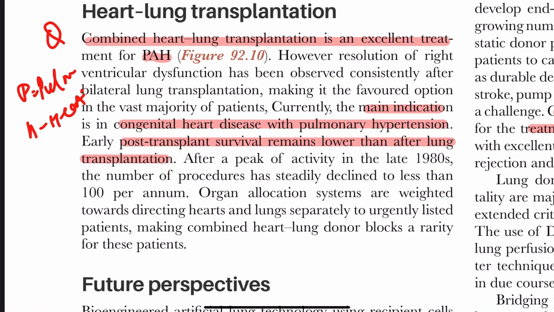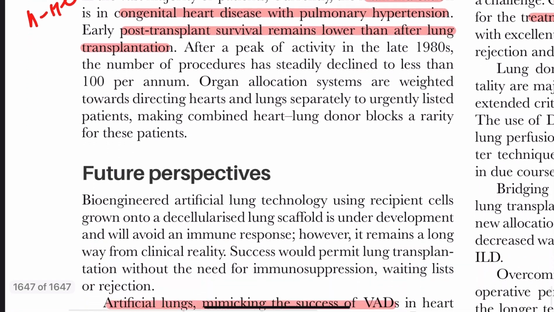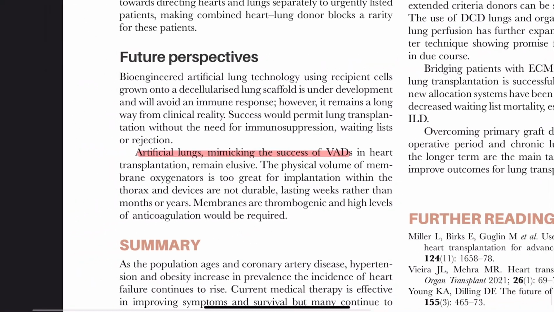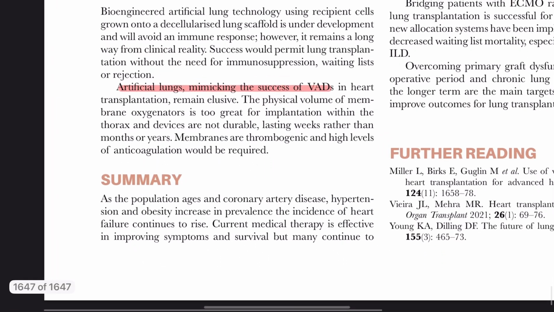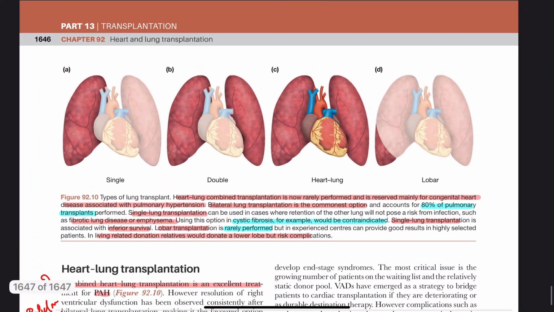So Eisenmenger syndrome: remember that Eisenmenger syndrome is an indication for heart and lung transplantation. Now, in the future, an artificial lung mimicking the success of VAD, ventricular assist device. And cardiac transplant remains the gold standard for treatment of end stage heart failure. Remember this line.